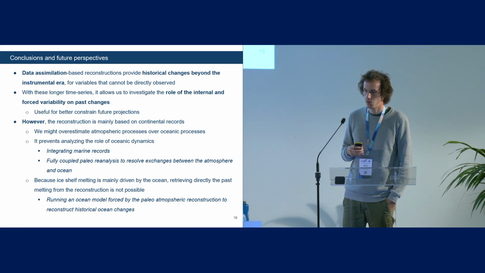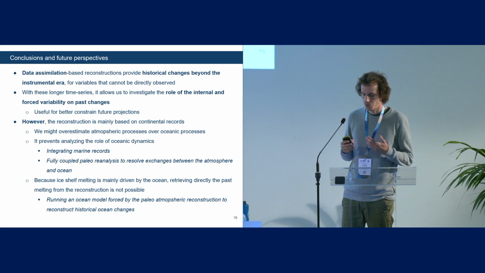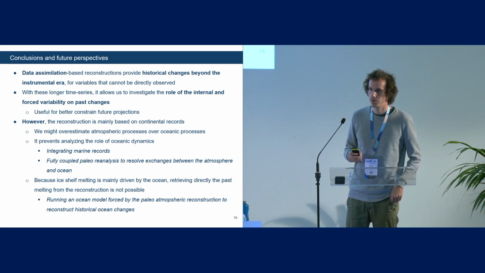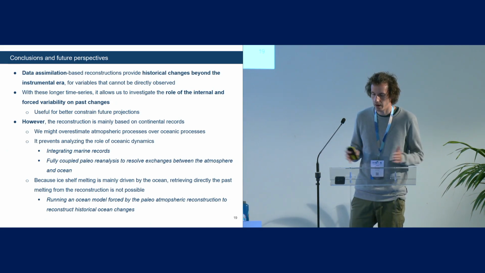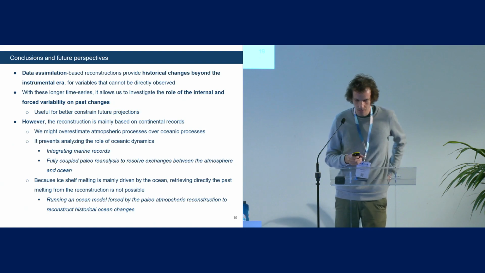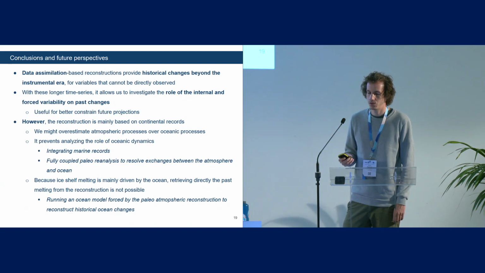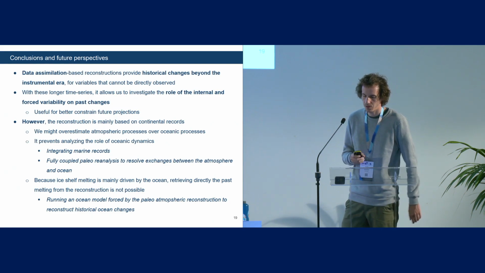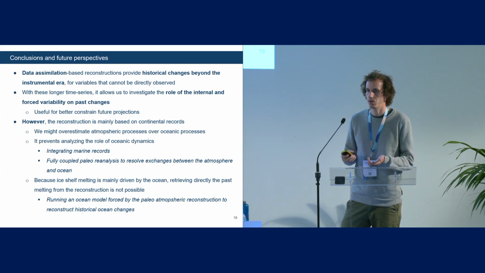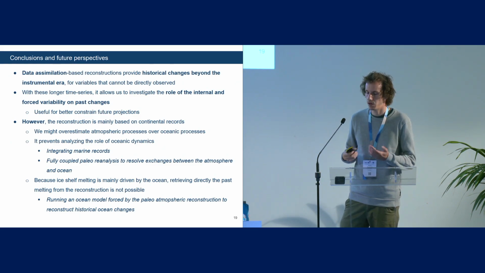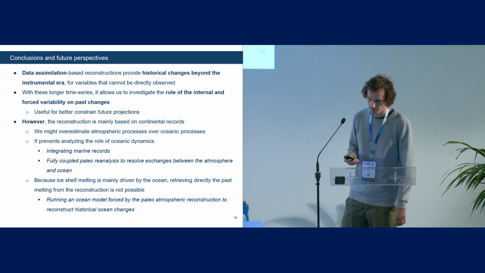And also, I would like to highlight that using different types of records is very beneficial for us because we have information for a wide range. And with these longer time scales, it allows us to investigate the role of the internal and the forced variability, and so to have a better constraint on future projections, for instance, by evaluating climate models.